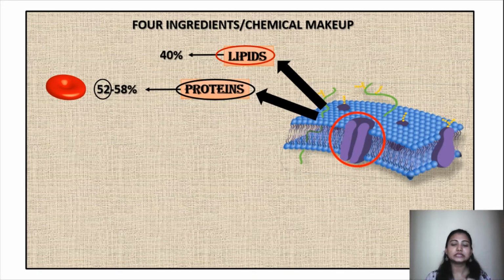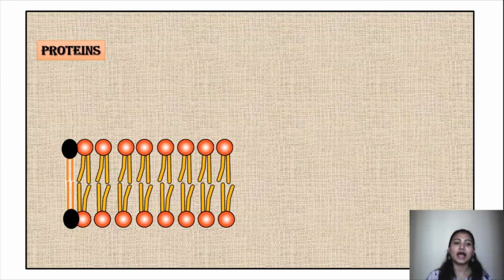We can see in this image that this part is the protein part. Some of the proteins are present from the outside and from the inside, whereas some are completely embedded within the lipid bilayer of the cell membrane. Moving further, this is the cell membrane.